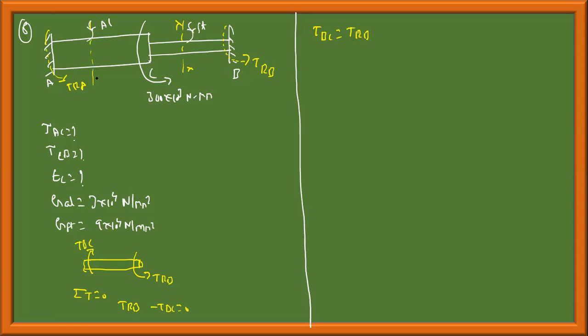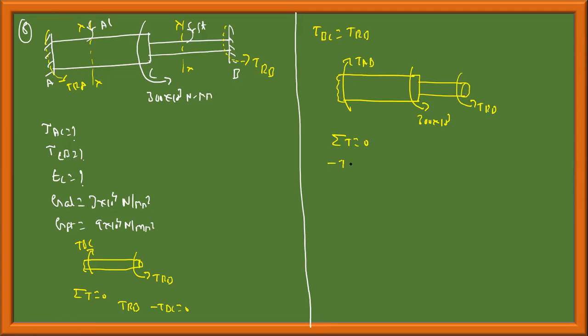I'll put a section here, X2, X2. This is torque TRB. This is 300 into 10 to the 3. This section I have not considered torque TRA. I will assume TAB acting like this. Summation of torque should be equal to 0.